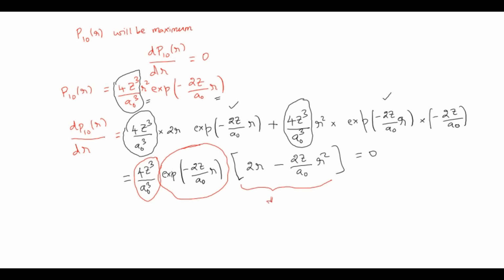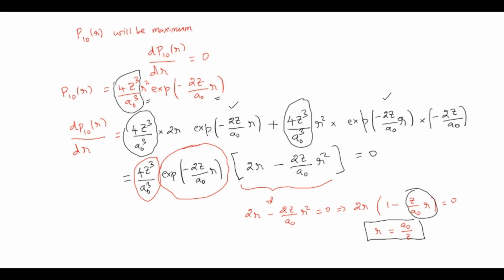So 2r minus 2Z by a_0 r squared is equal to 0. We can pull out 2r outside: 1 minus Z by a_0 r is equal to 0. So for this choice of r, when I put r equal to a_0 by Z, combining these two parts it becomes 1, so 1 minus 1 becomes 0.